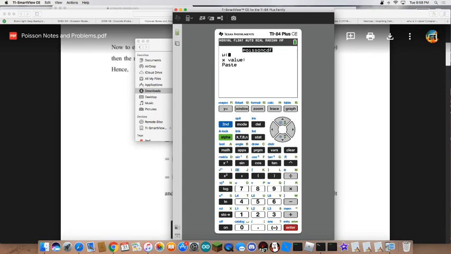We could have 1.8 again, and this time I could put in an x value of 3 for a random reason, and then I hit paste, and that gives me the probability of getting 3 flaws, or 2 flaws, or 1 flaw, or 0 flaws. So 3 or fewer flaws in a meter of wire, 89%. So pretty good chance.